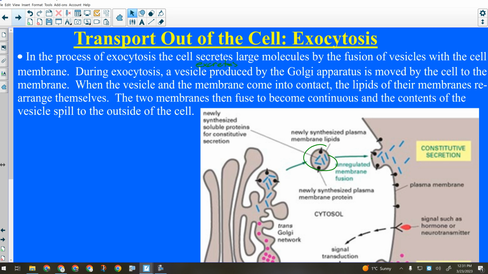That's the process of exocytosis. It is the same regardless of what is inside the vesicle, whether it's wastes or hormones or whatever. This is what exocytosis looks like.